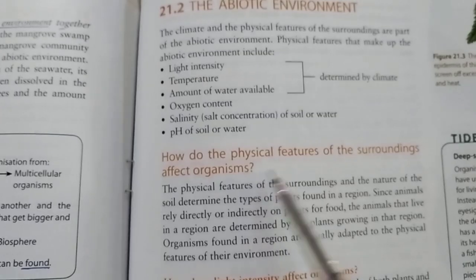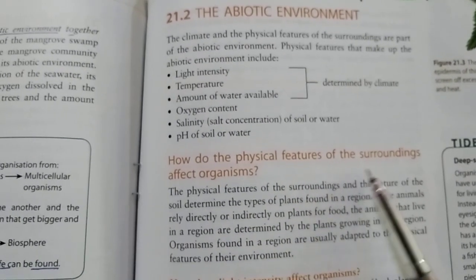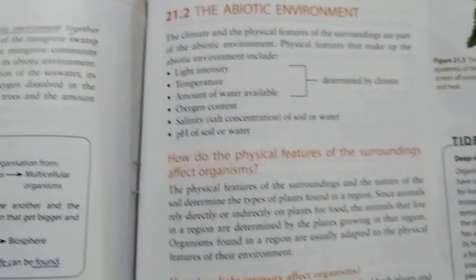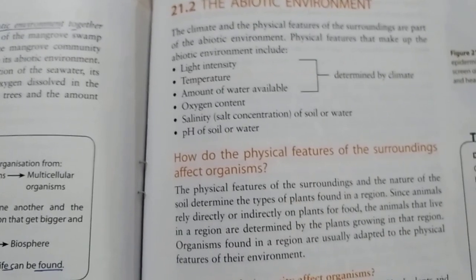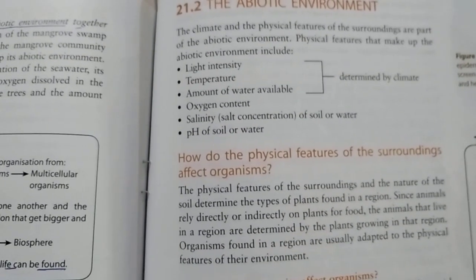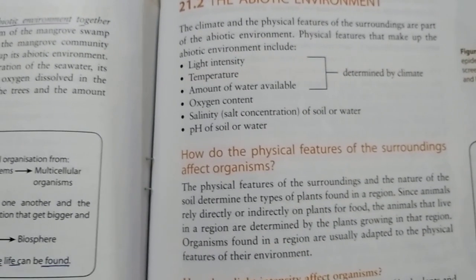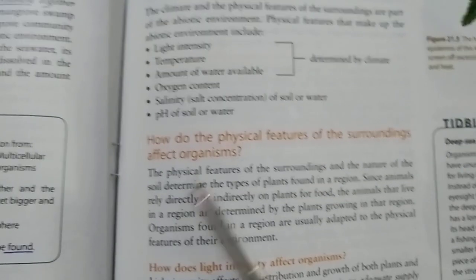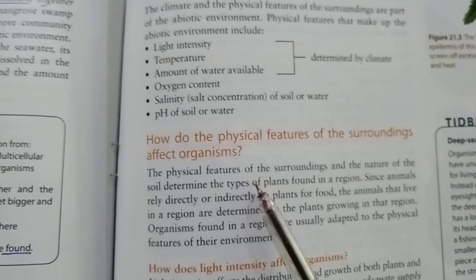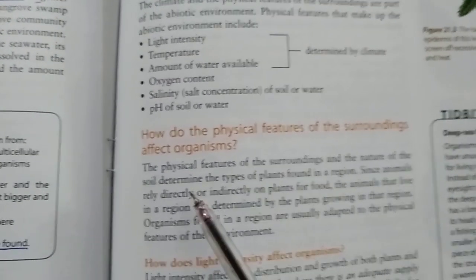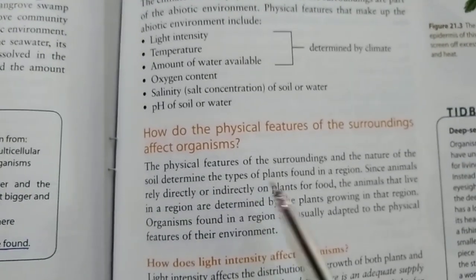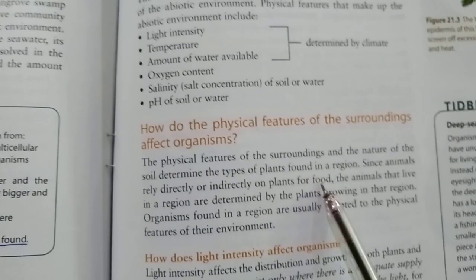How do the physical features of the surroundings affect organisms? It means how the physical features that are present affect the organisms in their surroundings. The physical features of the surroundings and the nature of the soil determine the types of plants found in a region.